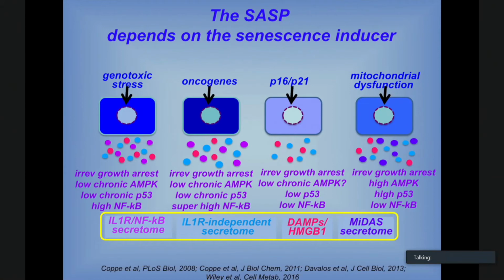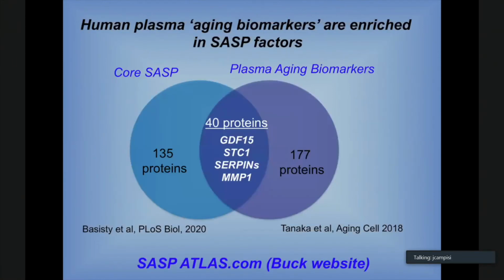This is still a big unknown. A little bit of good news, though, is that we recently published a paper showing some of the core secreted products and compared it with data from Luigi Ferrucci's lab, in which he looked at biomarkers in the plasma of humans as they age. And there is overlap in these two secreted products.